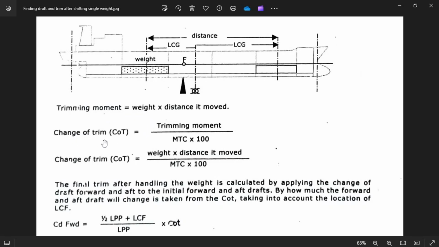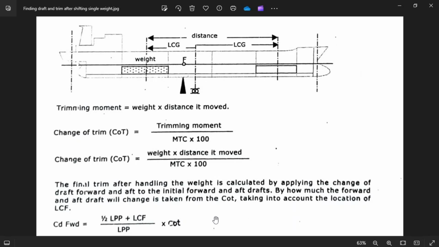Okay. So there's another name for change of trim: this is the trimming moment, or the weight times distance it moved, over MTC times 100. And it is the same as the weight times distance it moved over MTC times 100 that will be your change of trim. Okay. And the final drop after handling the weight is calculated by applying the change of drop forward and aft to the initial forward and aft drops.